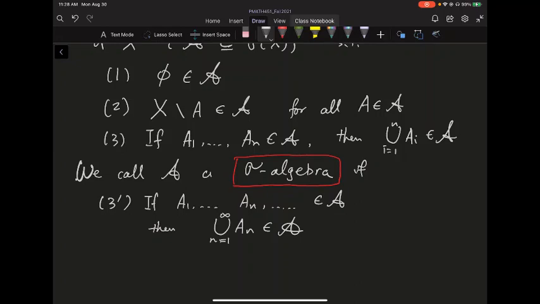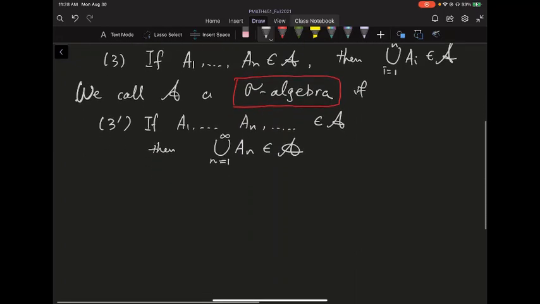All right, so let's take a few examples. First of all, there's always a smallest sigma algebra, really.